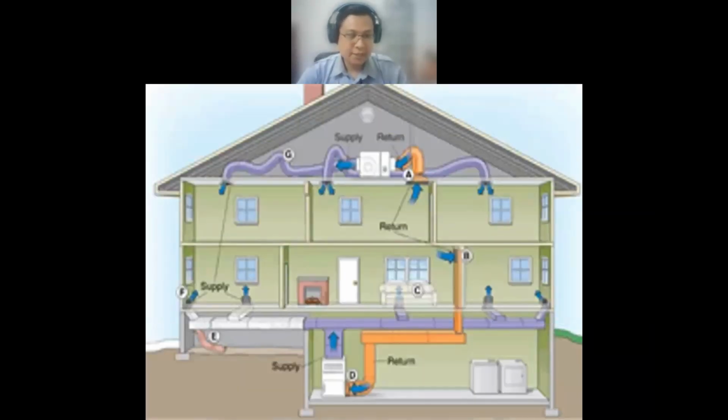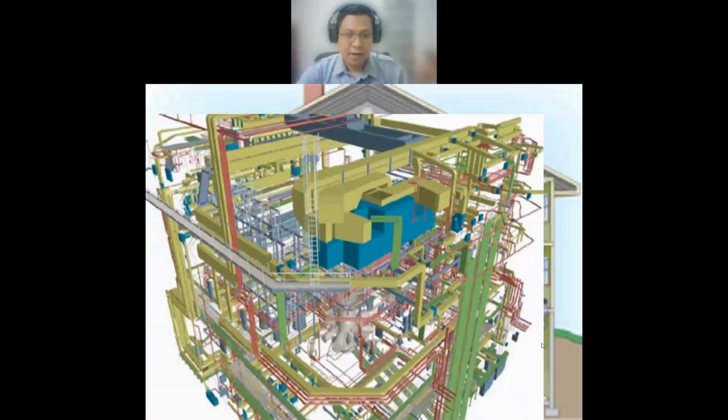If we have a residential building, the size varies. Maybe we can provide a central or package HVAC unit, or maybe we only serve by a split unit. So it depends on the requirement of the building.